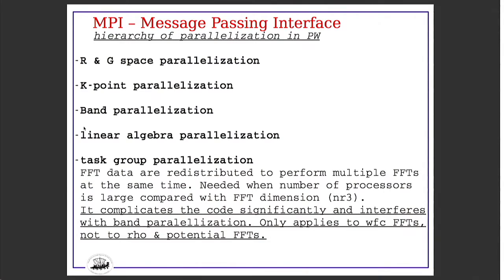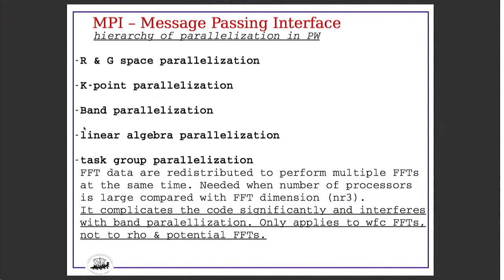So there are many parallelization strategies, but let's say band group parallelization, in which you assign certain tasks to a group of processors, you assign a group of bands, interferes with the task group, because the task group does exactly the same thing for the FFT.